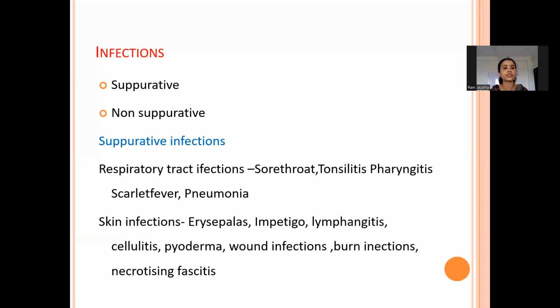The main infections produced by the streptococcus are suppurative infections and non-suppurative infections. The suppurative infections are mainly respiratory tract infections, such as sore throat, tonsillitis, pharyngitis, scarlet fever, and pneumonia. And skin infections are erysipelas, impetigo, lymphangitis, cellulitis, pyoderma, wound infection, burn infection, and necrotizing fasciitis.